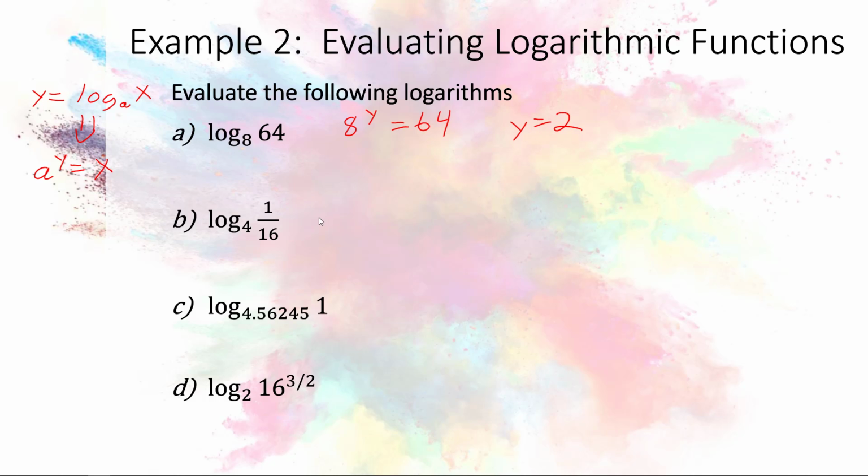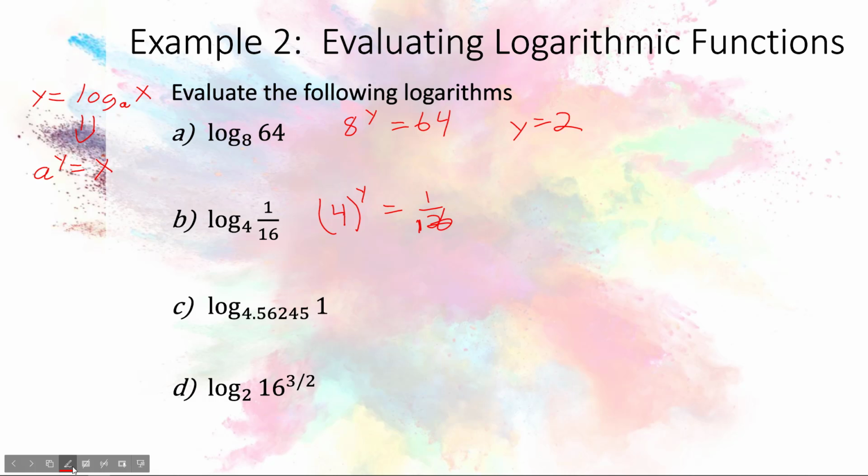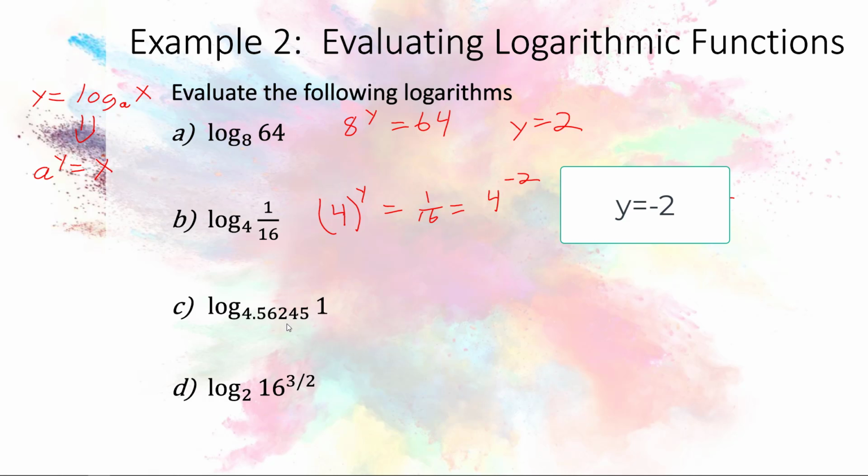Okay, similarly here, 4 must be raised to some power to get 1 over 16. Of course, 4 raised to the -2 power will actually achieve that objective. Again, 1 over 16 is equal to 4 to the -2nd. So this will be equal to -2.